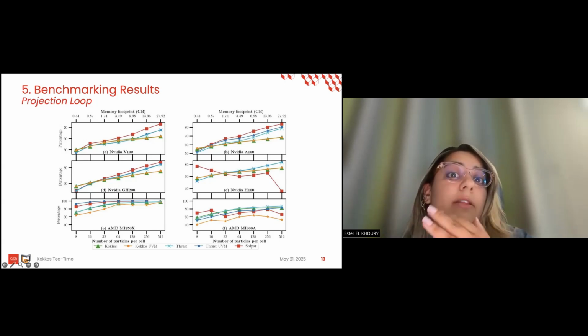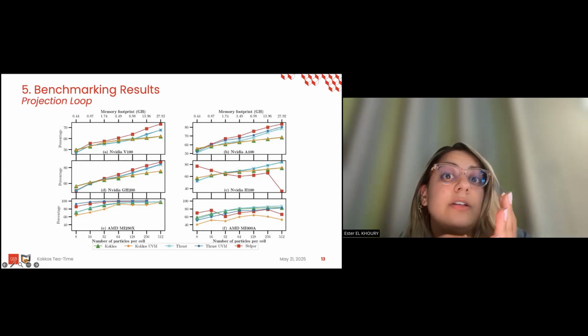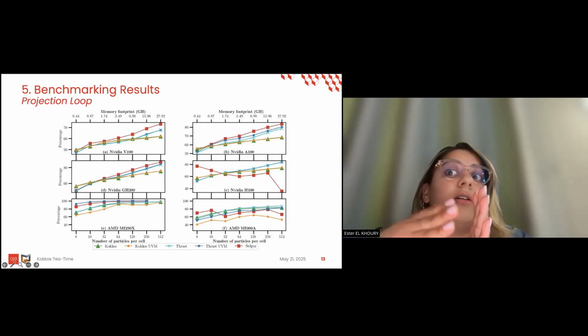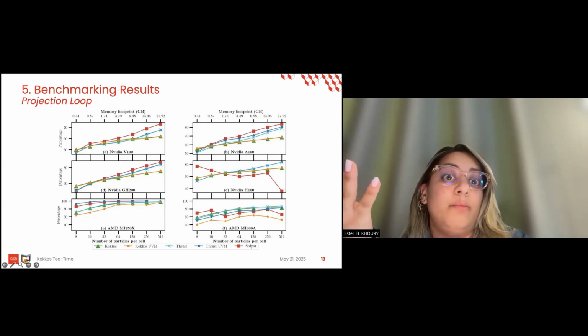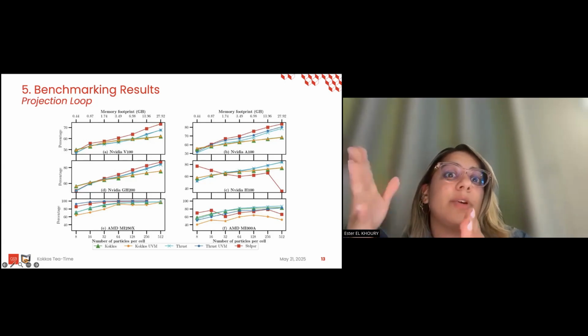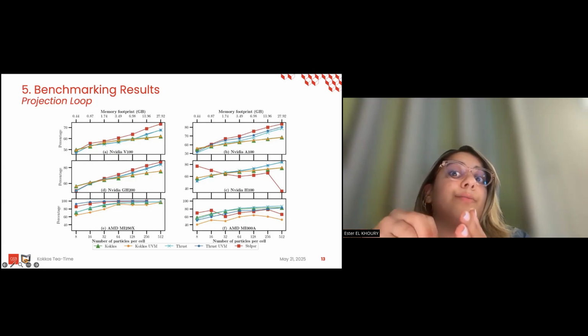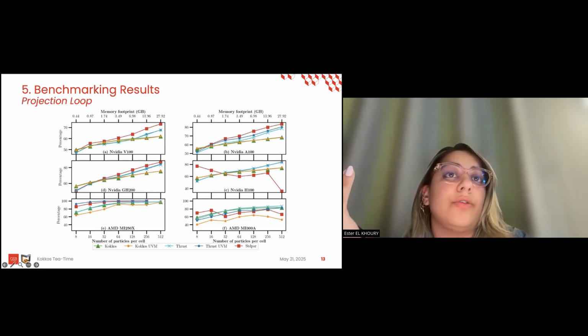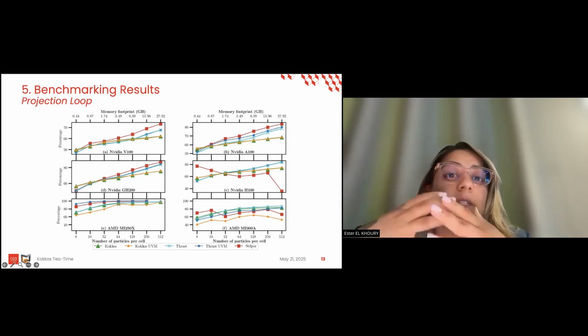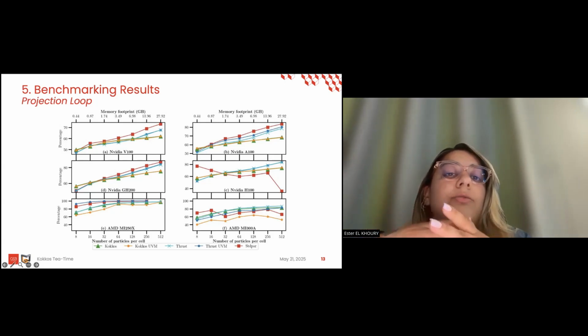If we look at this slide, you can see that the percentage of time spent in the projection increases with the number of particles per cell across all architectures and backends. As the particle density increases, projection accounts for 50% to over 80%.